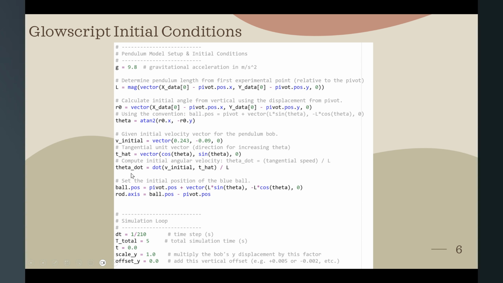Then theta dot, and the rod axis, which is the axis of the string. dt is our time step, which is 1 over 210, an integral multiple of 1 over 30. t total, how long a simulation time we're looking at, is 5.